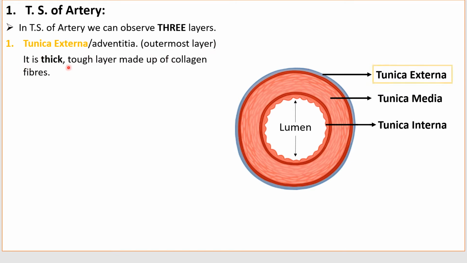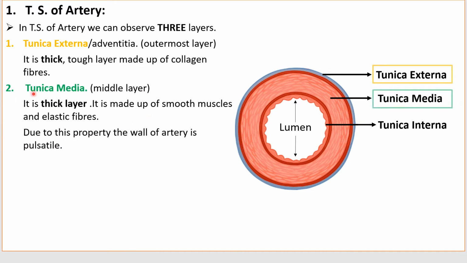It is a thick, tough layer made up of collagen fibers. The second layer is the middle layer, that is tunica media. It is a thick layer made up of smooth muscles and elastic fibers. Due to this property, the wall of artery is pulsatile.